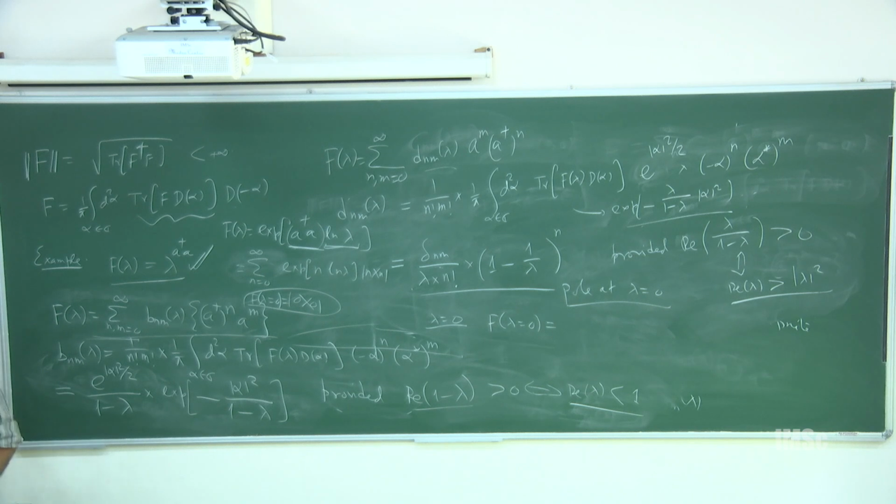Another way of seeing this is in that original expression, lambda to the power a dagger a. Here a dagger a is the number operator, so in the number basis it is lambda to the power 0, lambda to the power 1, lambda to the power 2, and these are the eigenvectors. So 0 to the power 1, 0 to the power 2 are all 0. What about 0 to the power 0? It is 1.